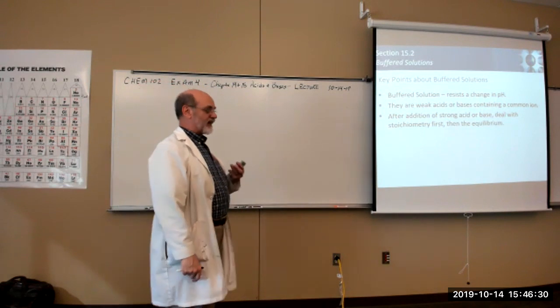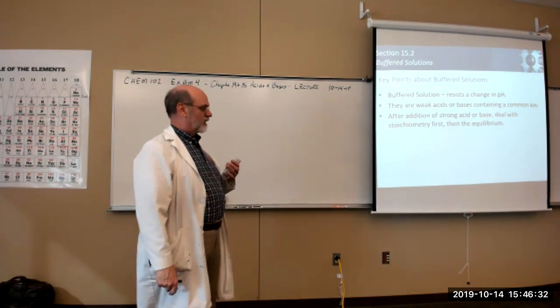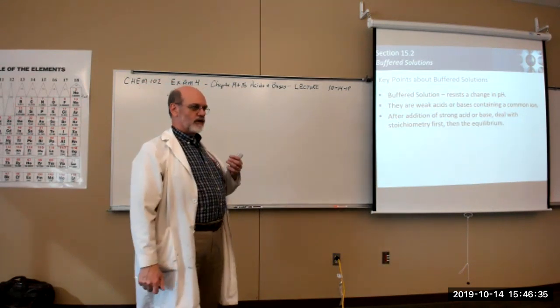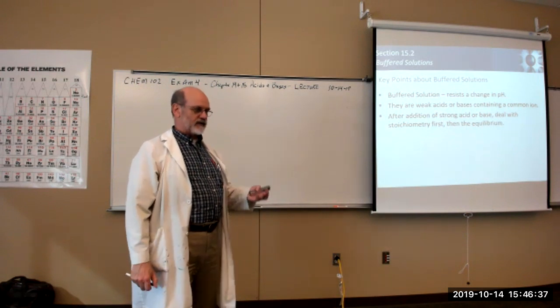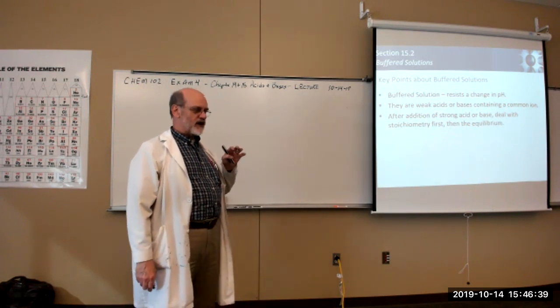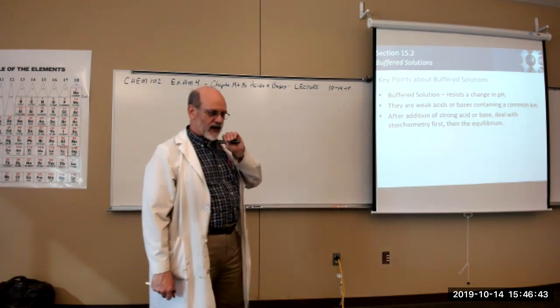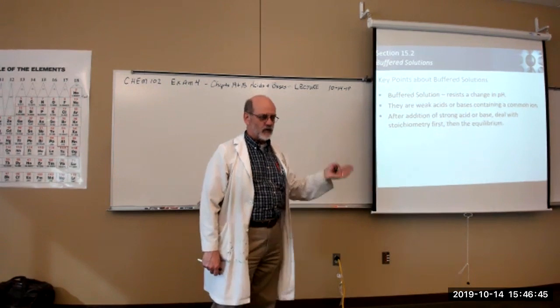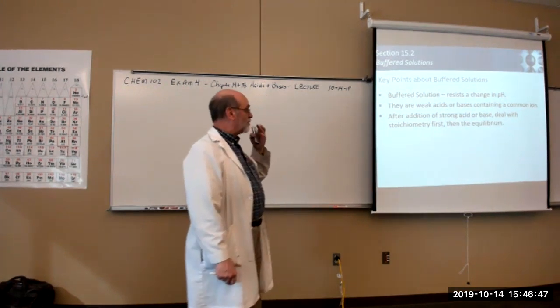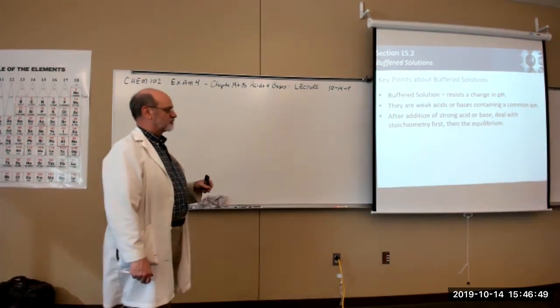Now, at the end of chapter 14, I intuited that there were some situations where you need to let the reaction go completely to completion, then work your way back to equilibrium. And buffers are a prime example.